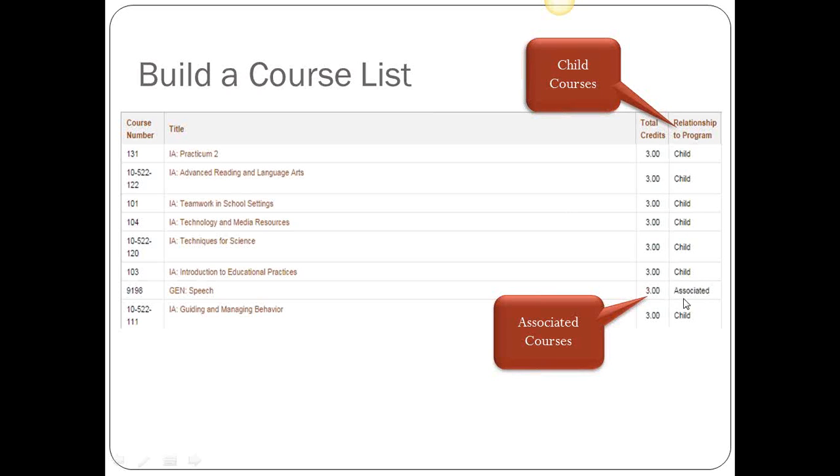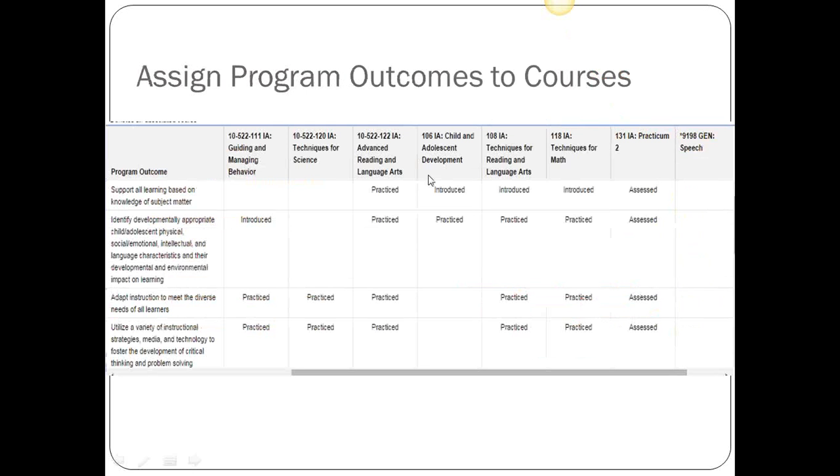Those are courses that are not owned by this particular program. So developers on this project team would not be making decisions about this course. The program that actually owns this course would make the decisions on links here. Although it can be associated to this program because it is a required general education course, speech. So therefore it is associated.